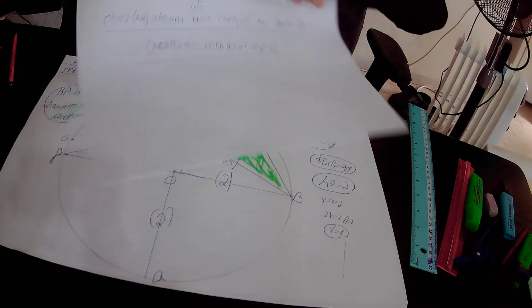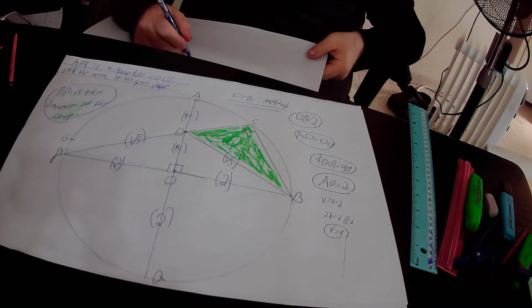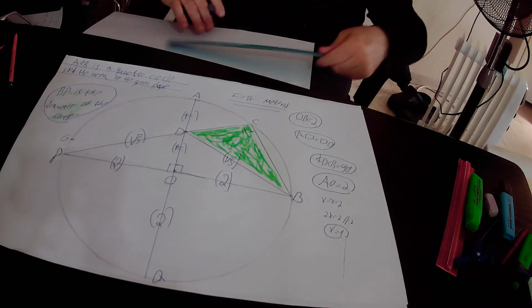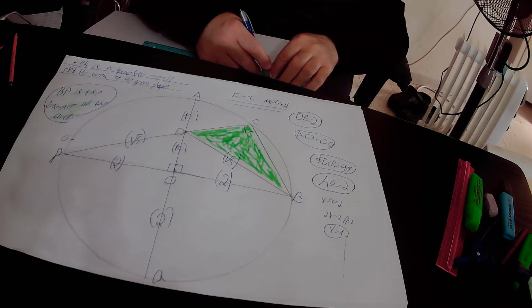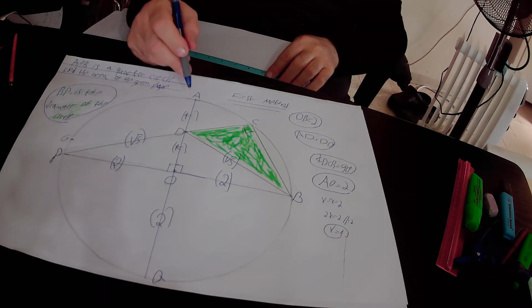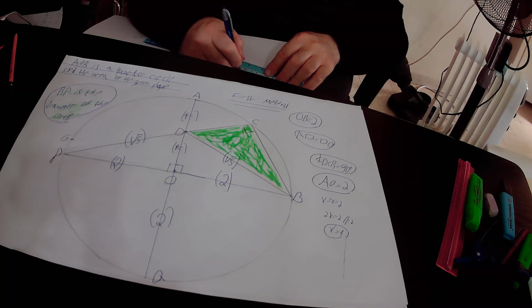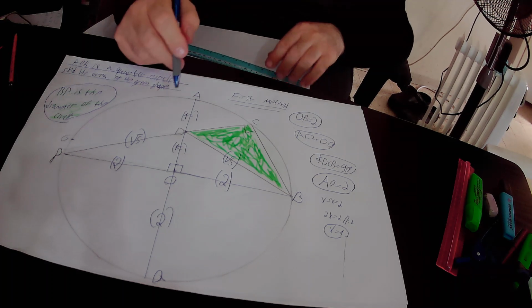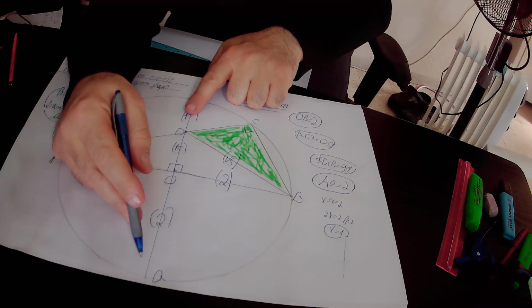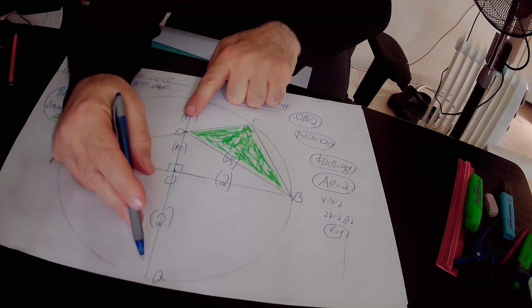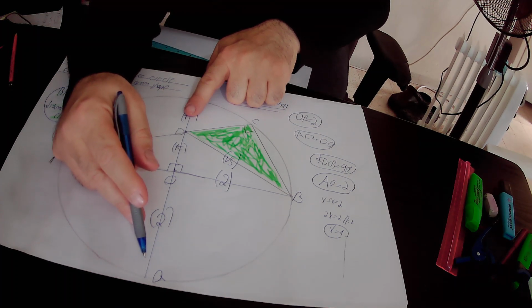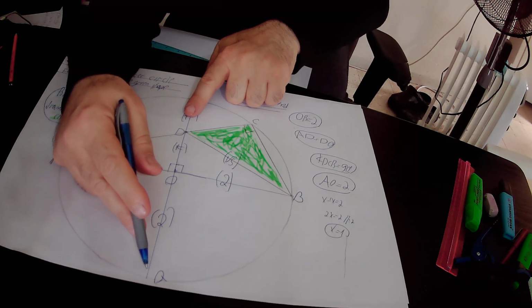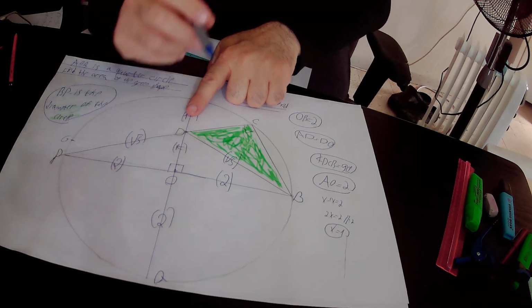Okay, so AD equals to 1 times DQ. DQ in total equals to 1 plus 2, that is 3.